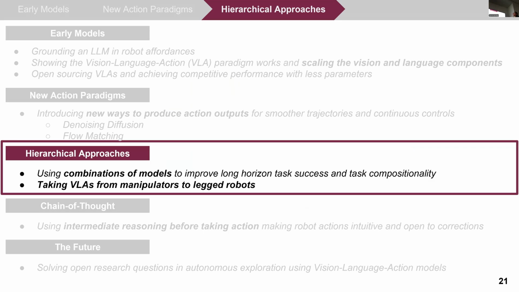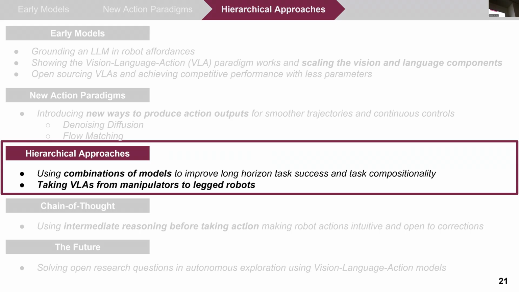All right, so we looked at the early models, so we've seen how this vision language action paradigm can work and some options for scaling vision language and even action outputs. And we looked at new action paradigms for getting smoother trajectories and continuous control. And now we're going to look at some hierarchical approaches, which are combinations of models put together in different ways to try to improve long horizon task success and task compositionality, since that's still been a struggle from earlier models.